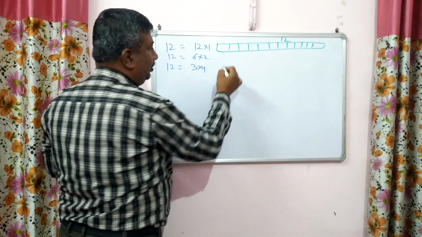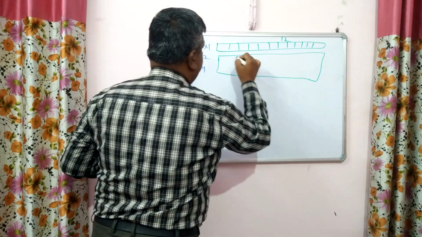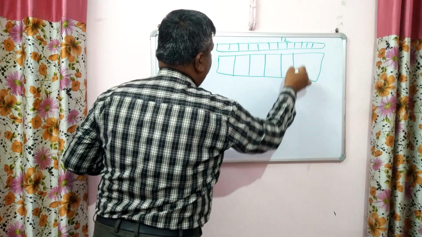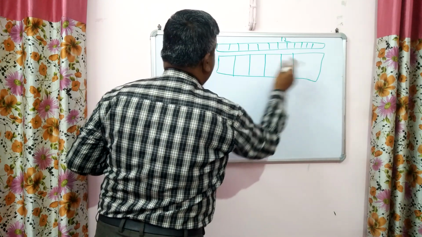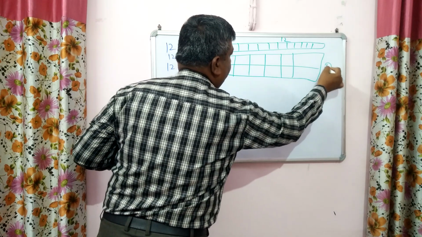In case of 2:6, 6 plots, 1, 2, 3, 4, 5, 6, and again 1, 2, 3, 4, 5, 6, and these are 12 plots. So this is R1.